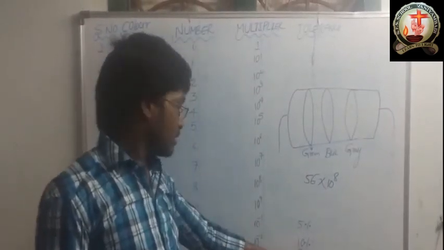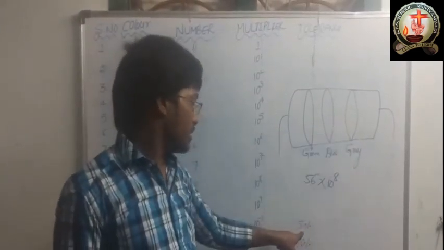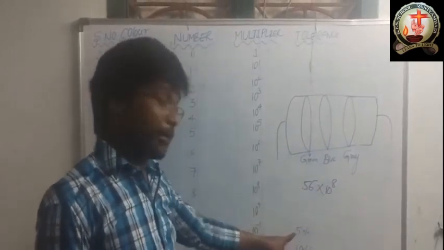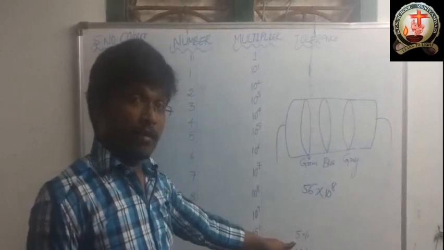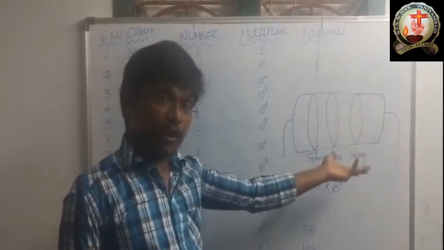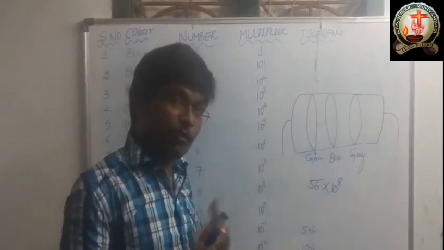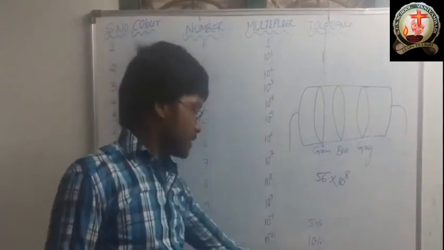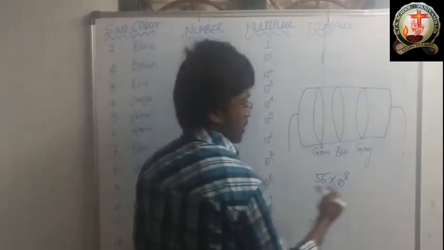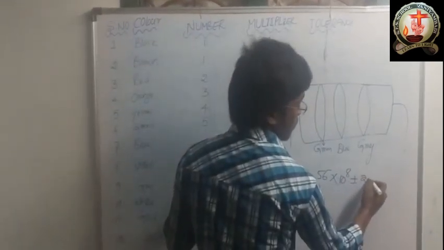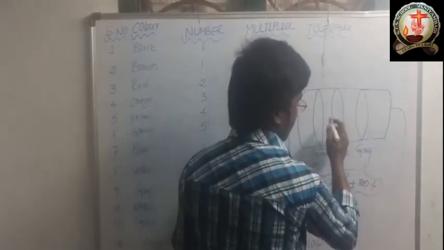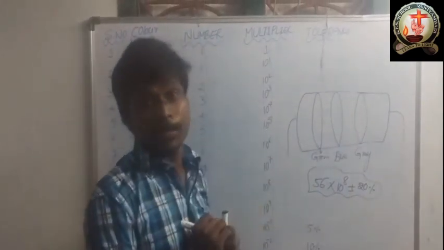Usually for the fourth ring, silver means 10%, gold means 5%. Here the fourth ring is not given, so in that case we take colorless. How much tolerance for colorless? 20%. So plus or minus 20%. This is the resistance of this carbon resistor.